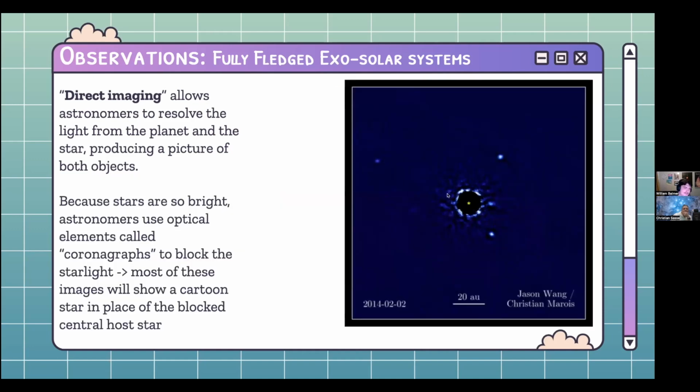So this is a technique that's mostly been pioneered from the ground because you want a large telescope aperture to get the most resolution possible, so you can see close into the star where the planets are. And this is one of the most enigmatic results from this detection method. It's a system of 4 planets that we've observed since around 2008.